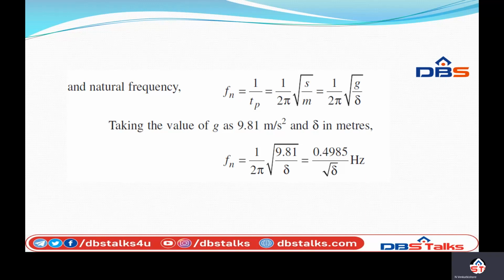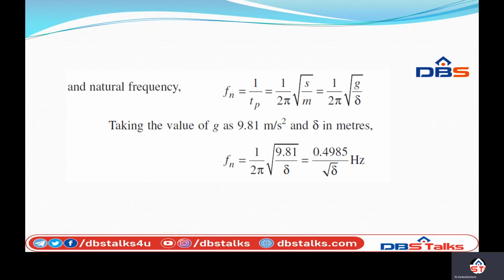So in place of s we write W by delta, then W means mg, divided by m delta. The m cancels, and finally we get the relation g by delta.